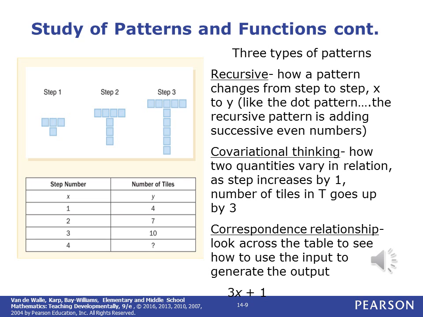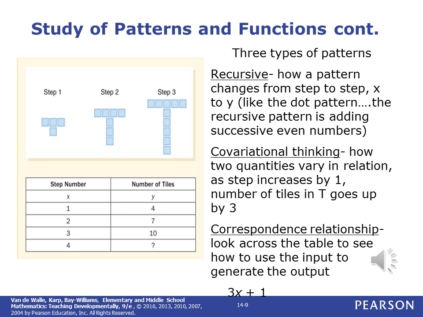If you were looking at the previous slide and the dot pattern in part A, and you were asked, can you determine the correspondence relationship, the explicit rule, the function rule for the dot pattern, if you sat and thought about it long enough, you may end up realizing that the number of dots equals, as we had mentioned, the step number that you're on times one more than that step number. So we could, in formula, say that D for dots equals N times N plus 1.